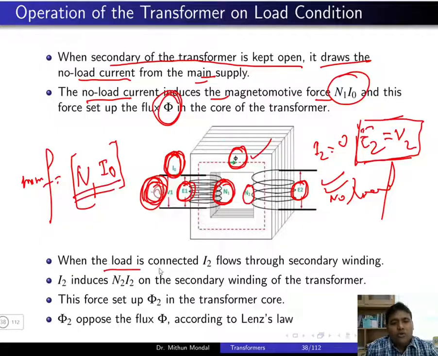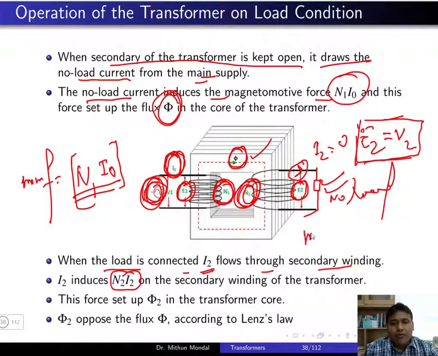Now, when the load is connected, what will happen? When the load is connected, the current I2 will start flowing through the secondary winding. So the current I2, which was 0, will now flow from the secondary winding. The current I2, linking with the number of turns N2, will lead to the production of an MMF in the secondary winding, N2 into I2.